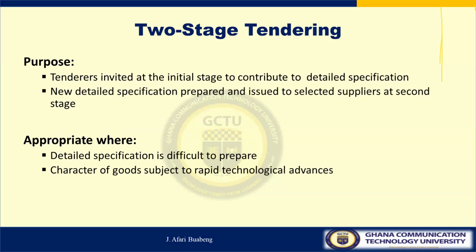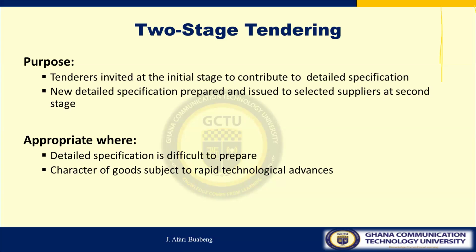There's another method known as the two-stage tendering method. Here, tenderers are invited at the initial stage to contribute to the detailed specification. If you want to use the two-stage tendering method, you don't just decide. There's a way, and you need to meet it before you can use it.